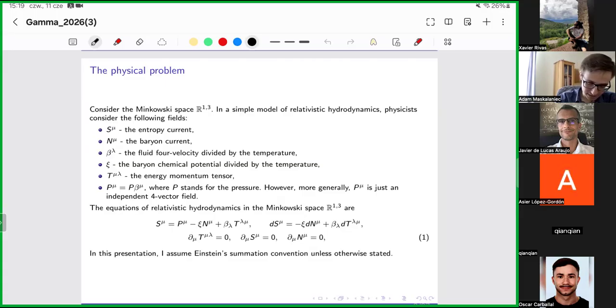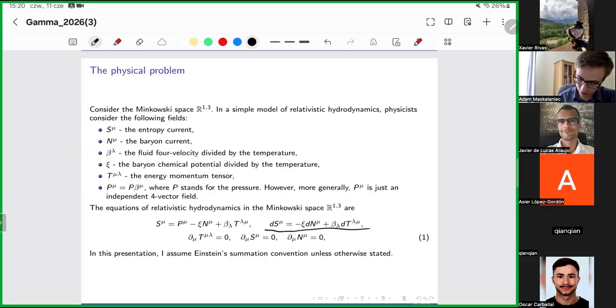This double index T is the energy momentum tensor. And moreover, we introduce this pressure tensor. And the classical set of equations that describes this relativistic hydrodynamics is written here on that slide. So we have, in fact, a first equation that somewhat resembles the Gibbs equality from thermodynamics.